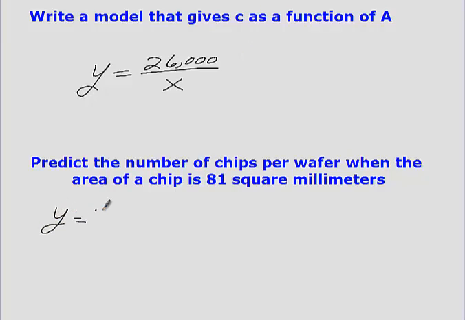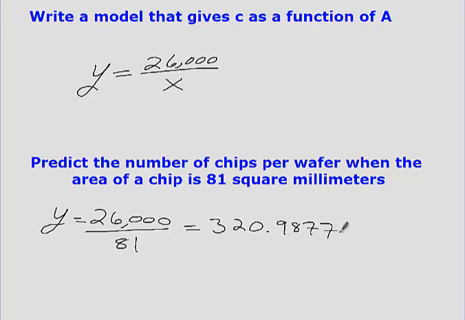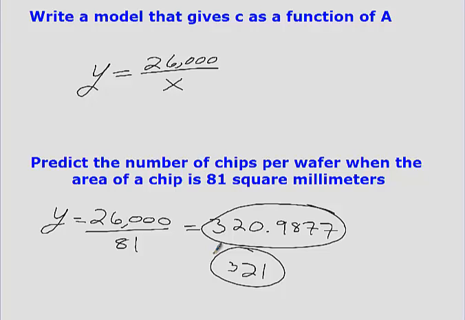So I'm just going to plug it in. 26,000 over 81, and what do I get as an answer? 320.9877. And there you go. So based off of our chart, because everything was a whole number, I would round this up to 321. Okay, so if you put 321, you'd be all right.